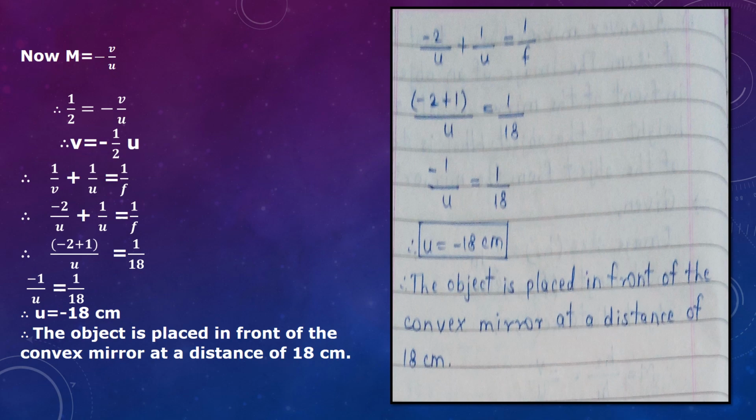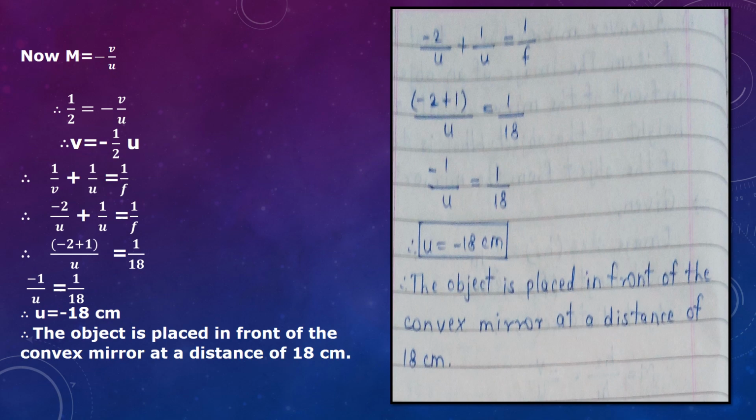Therefore 1 upon 2 is equal to negative V upon U. So we will arrange this equation: V is equal to negative 1 upon 2 into U. So here we got the image distance value, V is equal to negative 1 upon 2 into U, with the help of the magnification formula that we studied.